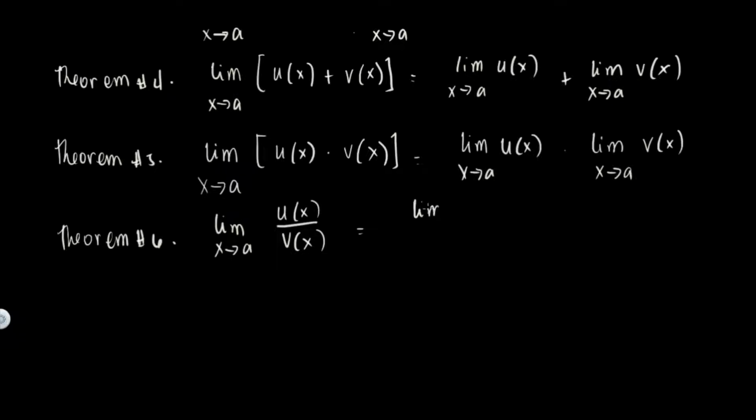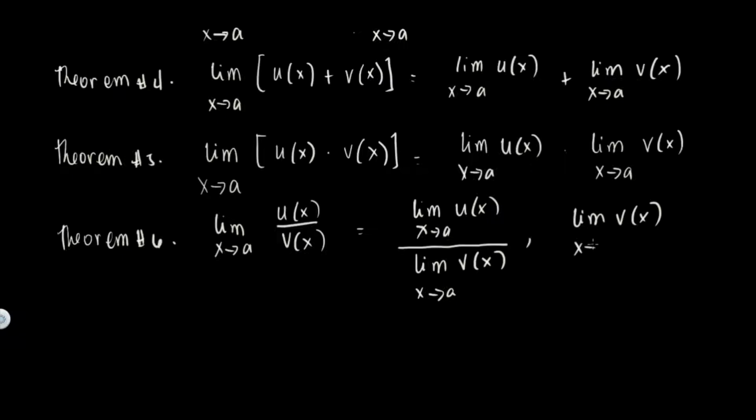Okay, the limit of u of x as x approaches a over the limit of v of x as x approaches a, provided that the limit of v of x as x approaches a is not equal to 0. Okay?